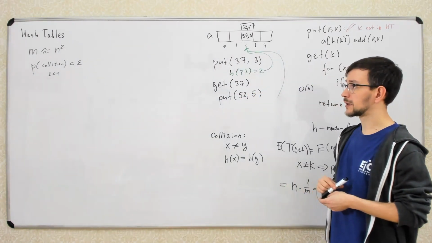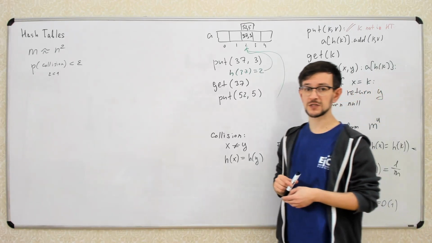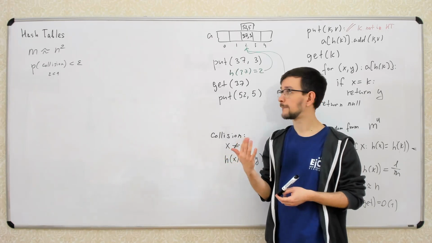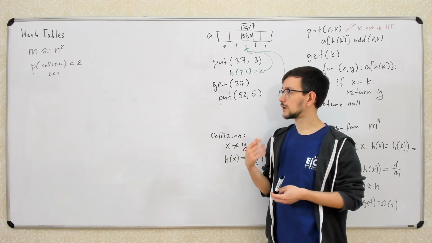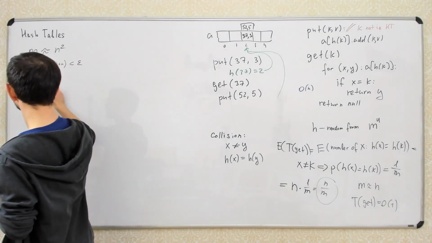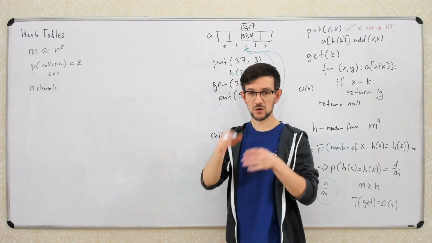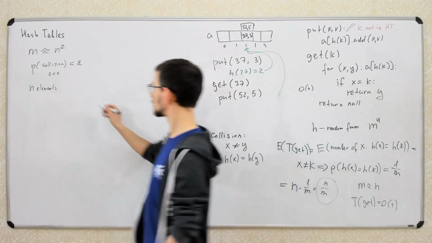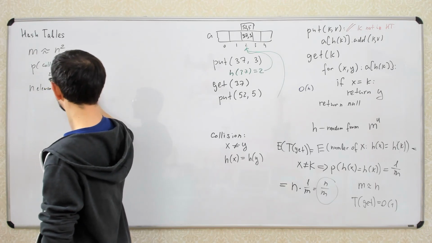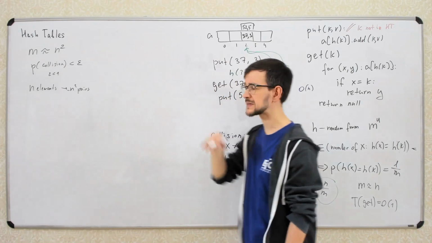Why is this happening? Basically, what's the probability of collision? It is the probability that there are two elements with the same hash value. If you have n elements, then you have about n squared pairs of elements, like n squared over 2, something like that. Doesn't matter.